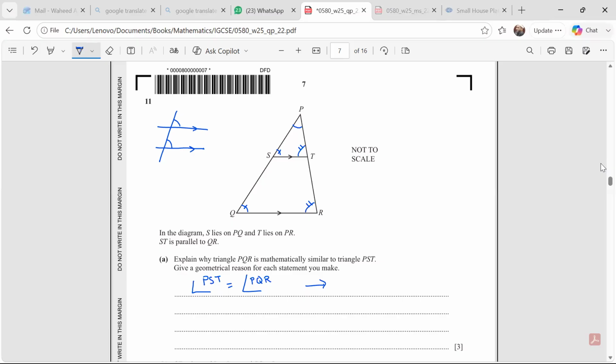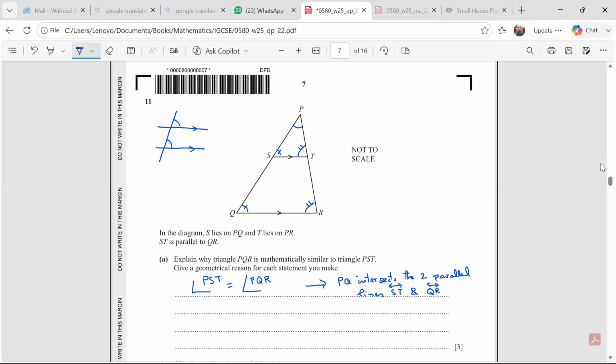So PQ intersects the two parallel lines ST and QR.